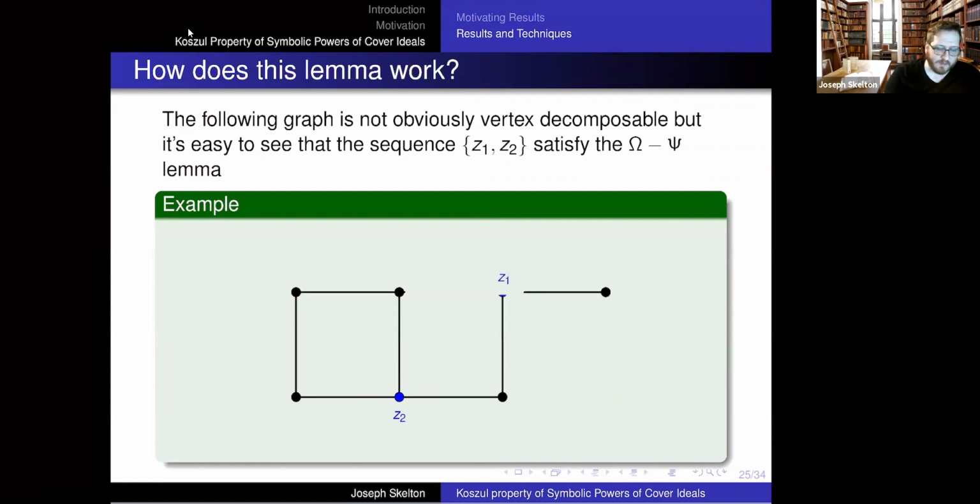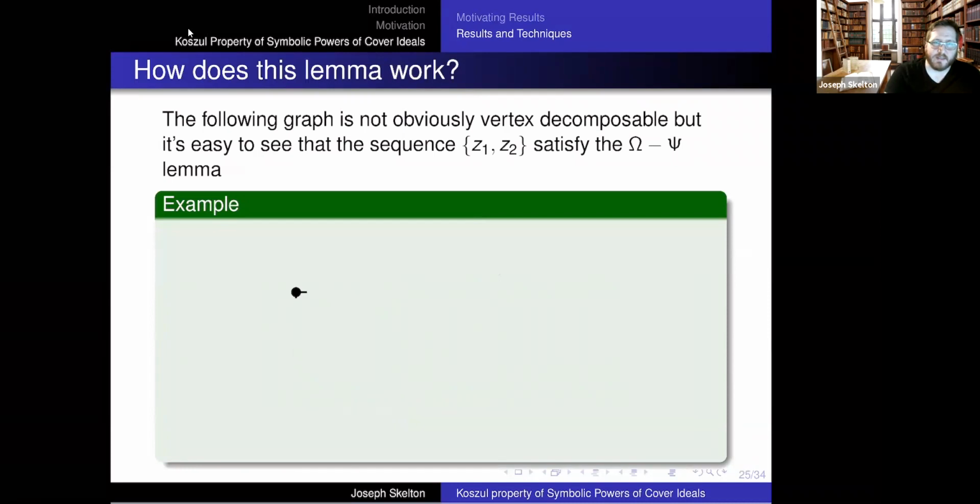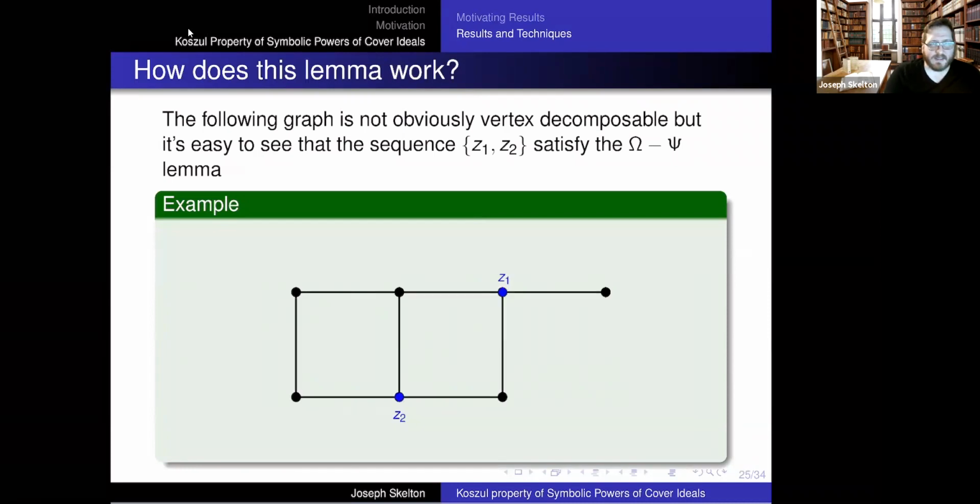And if I delete Z1 and the neighbors of Z2, I just get a nice single vertex, so that's vertex decomposable. And that's basically how Selvaraj's theorem works. You just need to look at a couple of things related to your sequence, and you're good.